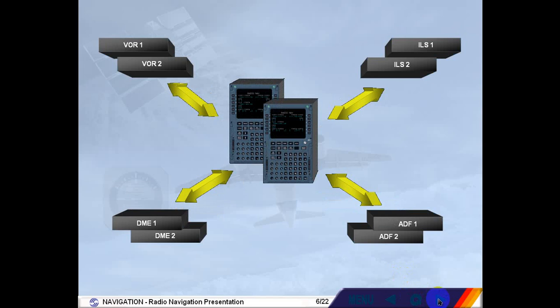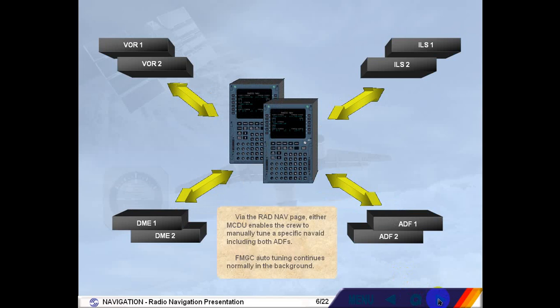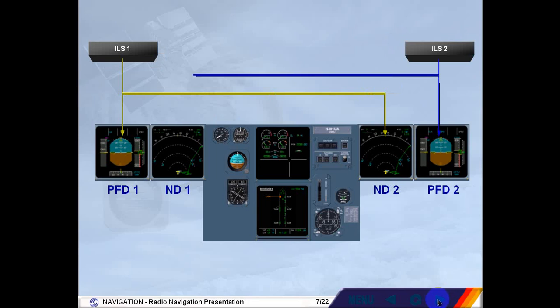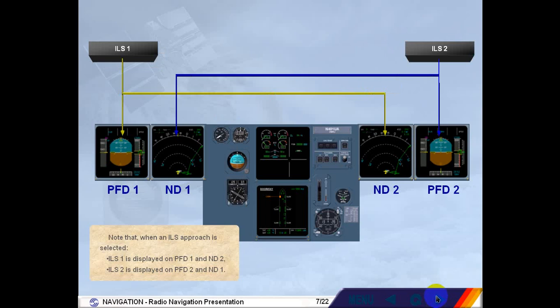FMGC auto-tuning continues normally in the background. Note that when an ILS approach is selected, ILS-1 is displayed on PFD-1 and ND-2, ILS-2 is displayed on PFD-2 and ND-1.